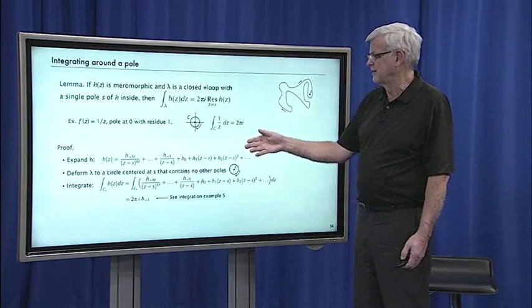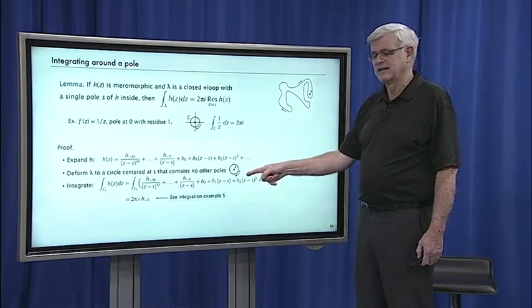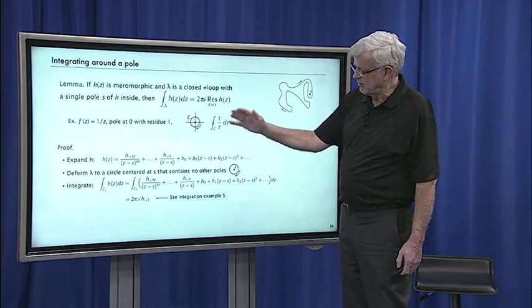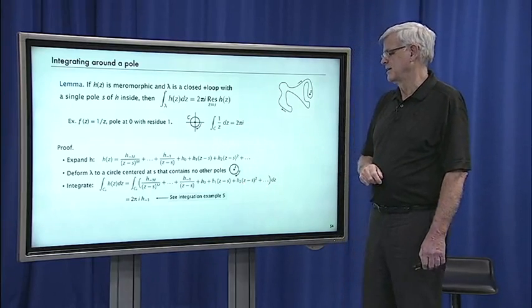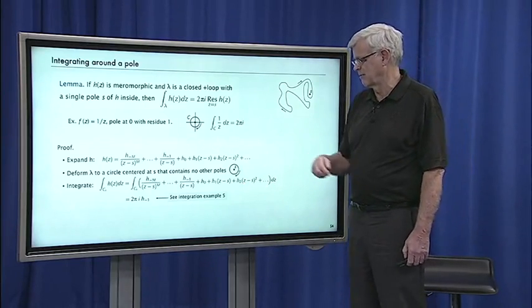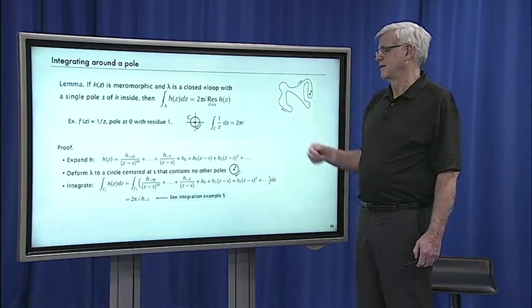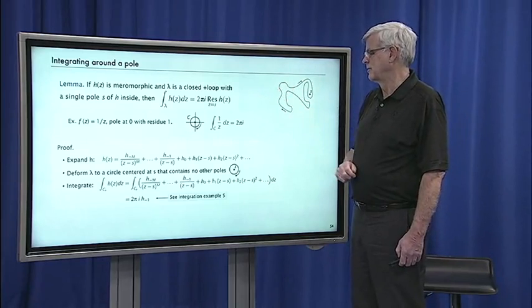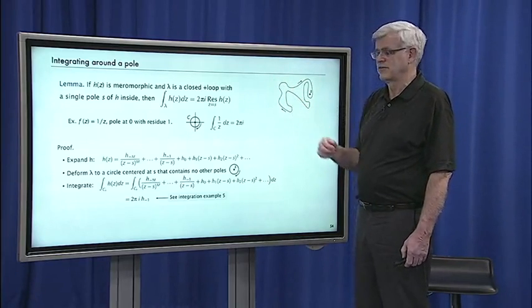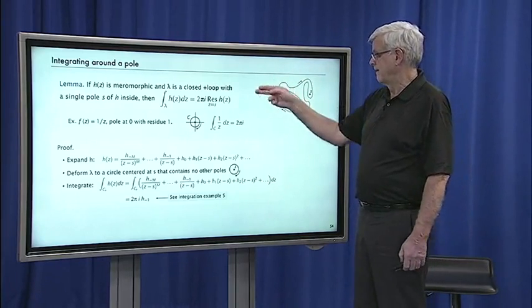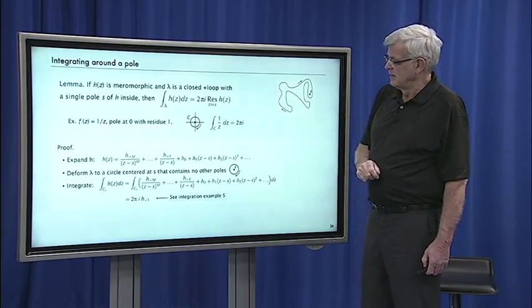So what's left, to go back and look at that integration example, is that they all go to 0 except 2 pi i times the residue. So that's a single pole, and the value of the integral is the residue at that pole.